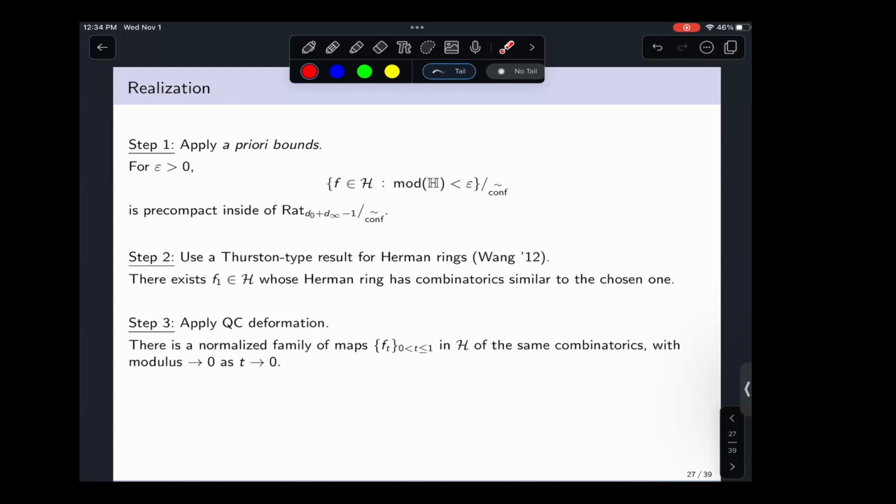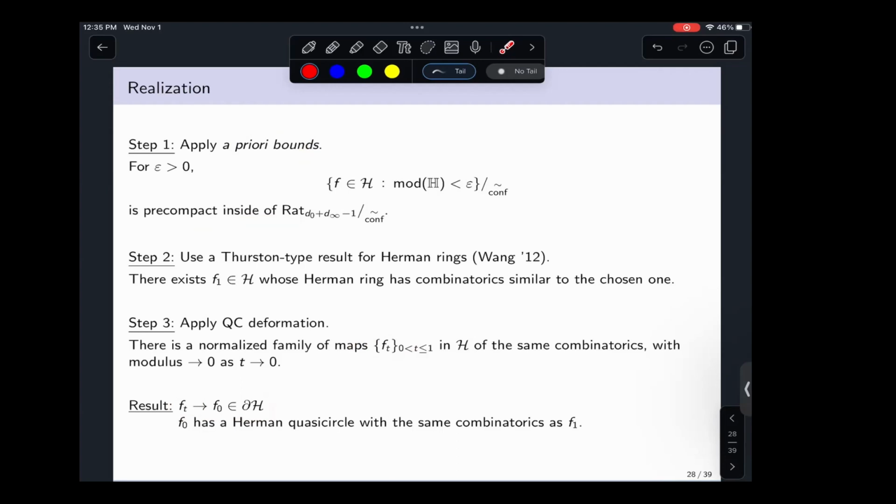Okay. And then let's see what happens as the modulus goes to 0. I know about a priori bounds that I can take limits. And so therefore, in particular, this family, as the modulus goes to 0, converges to a limiting rational map with the same degree.